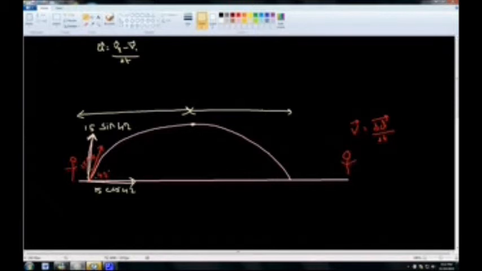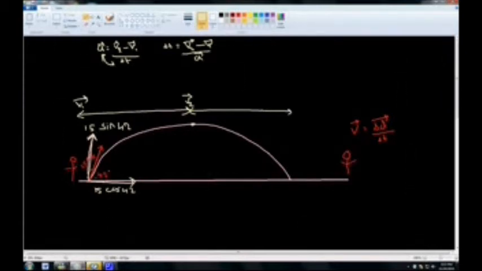Since we're finding delta t, we can switch these around. So delta t equals v2 minus v1 over a, acceleration. Okay, this is v2 and this is v1. We know v1, we just figured that out.